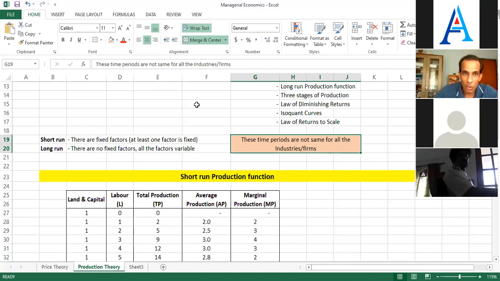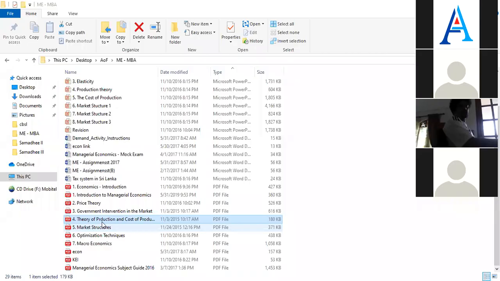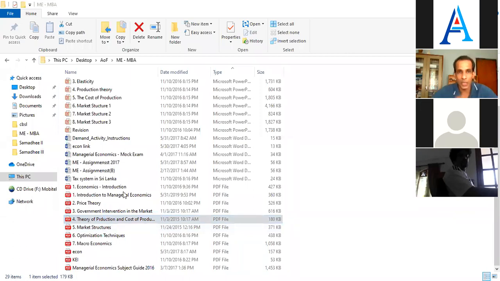To some extent, this is given in more detail in the note that I have shared with you. There was one note on production theory and cost of production. There I have explained it in more detail.